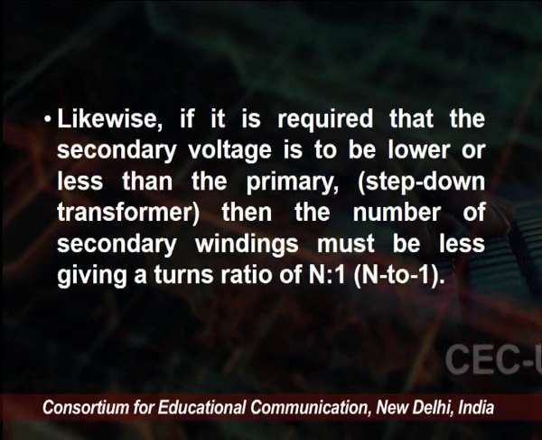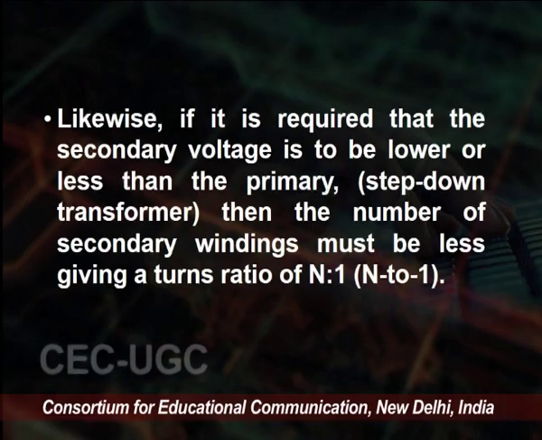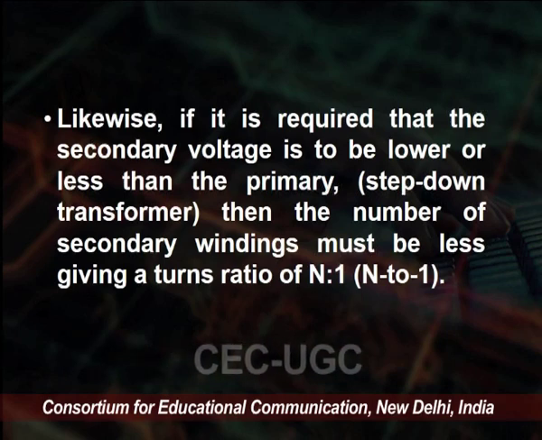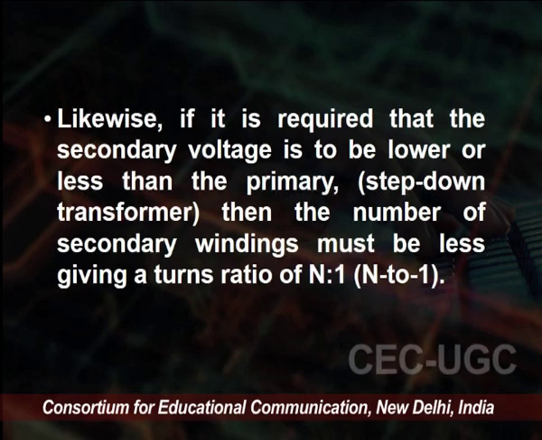Likewise, if it is required that the secondary voltage is lower than that of the primary, then the number of secondary windings must be less, giving a turns ratio of n:1. That defines the step down transformer.